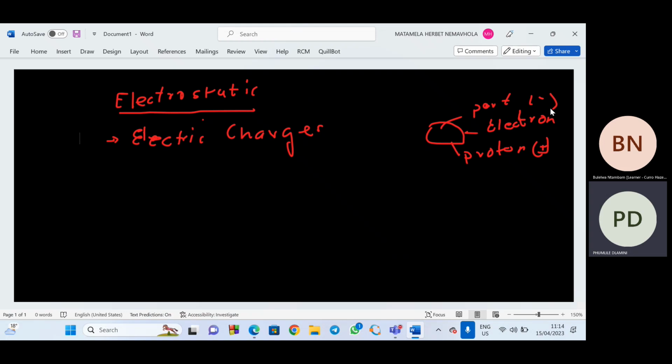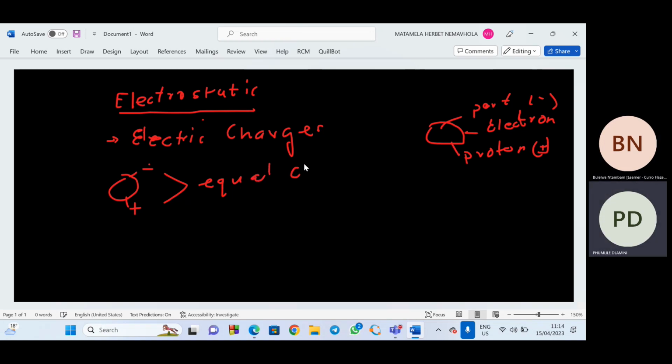So when an object has those two, there is a possibility that the protons, which I will indicate as positive, and the electrons, which I will indicate as negative, can have equal charges.